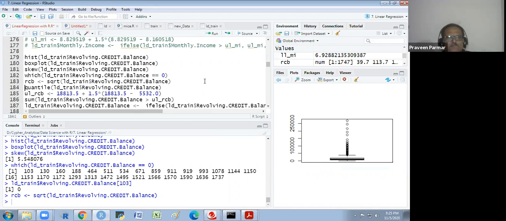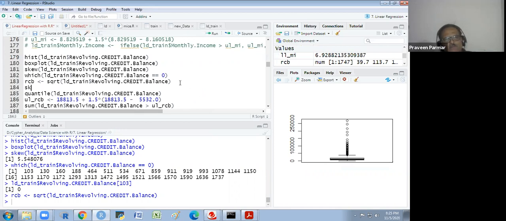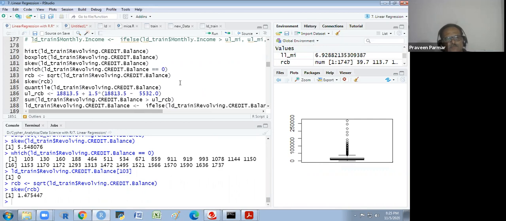But I see the skewness of RCB. It is controlled to 1.47 from 5.54. Okay.